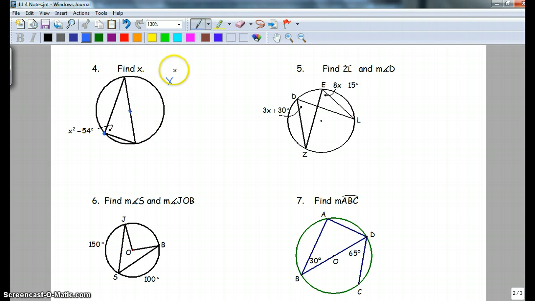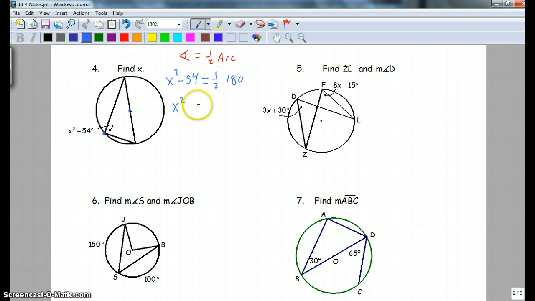So that means the angle equals 1/2 the arc. So in this case, the angle, x squared minus 54, is equal to 1/2 the arc, 180 degrees.